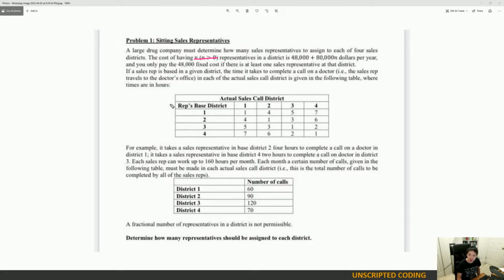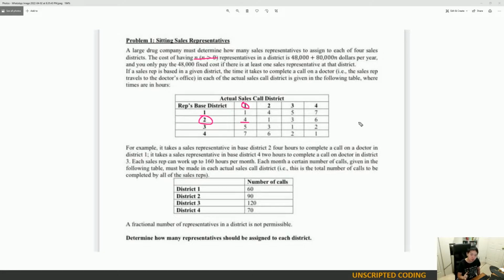The other thing I noticed is this part right here. They gave you two examples: a representative from District 2 going to District 1 takes 4 hours. Okay, so they are 4 times less efficient than just having a base representative in that base district.